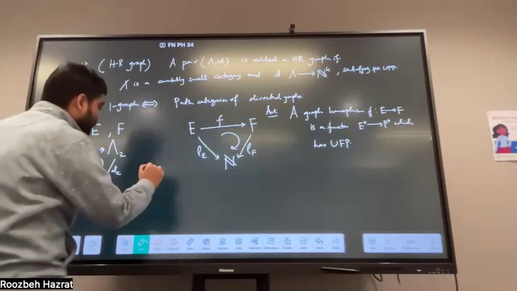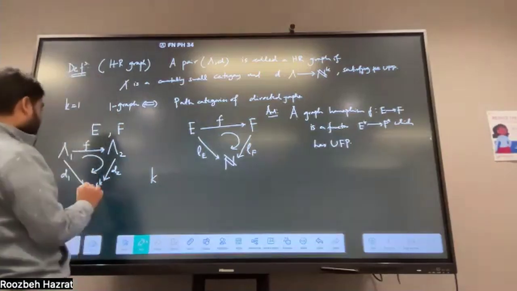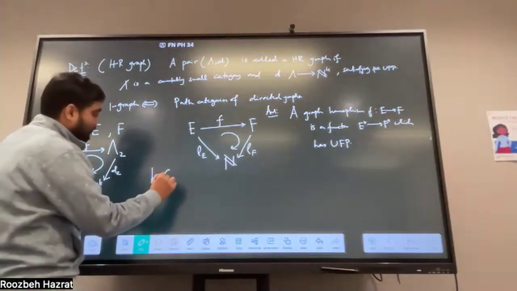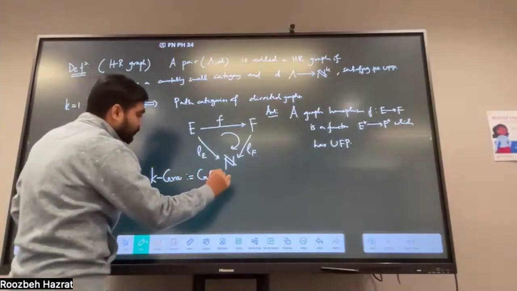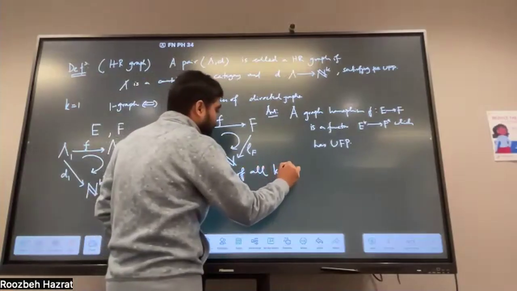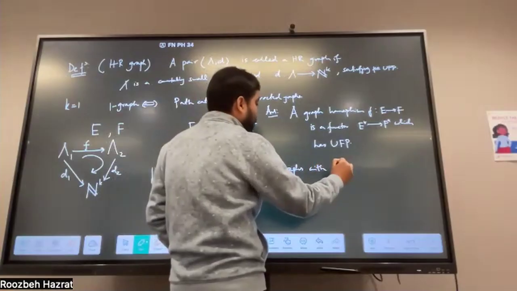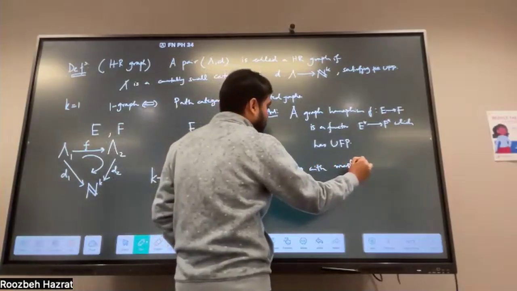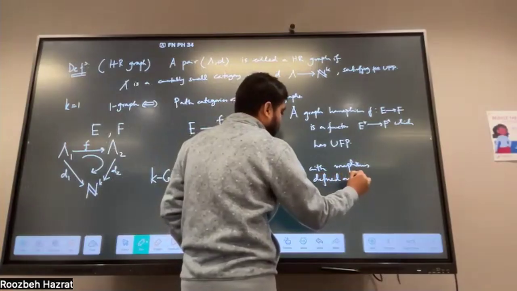And then you can also talk about the category of all k-graphs, or higher rank k-graphs, with morphisms defined as mentioned.